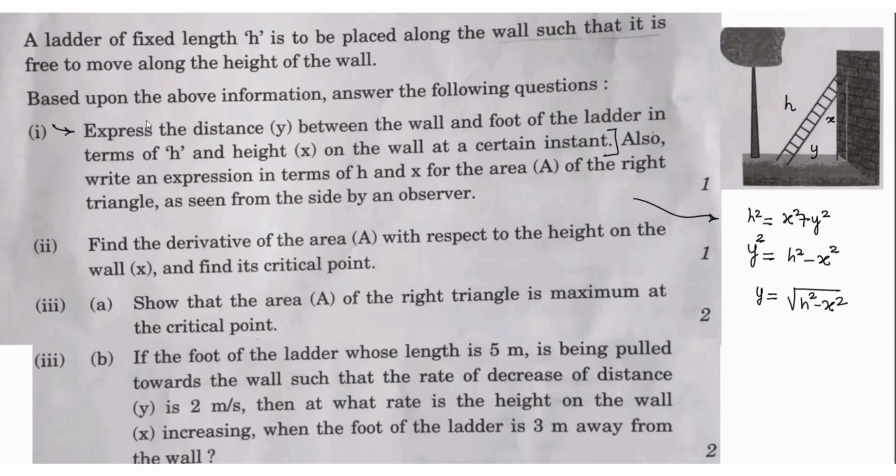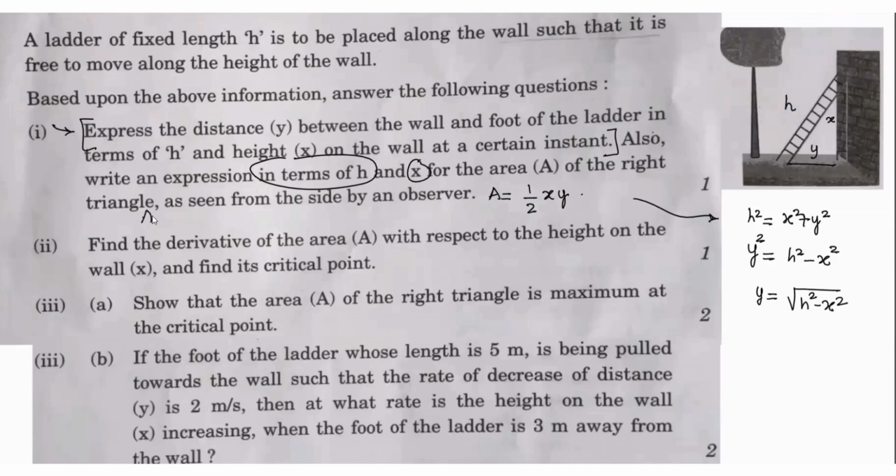There are two parts in the first question. Also, write an expression in terms of h and x for the area of the right triangle. We know area is half into base into height. The base here refers to the distance y. The height here refers to x. So area is equal to half into x into y. But they've asked us to express in terms of h and x, which means we need to retain x as it is and change y.